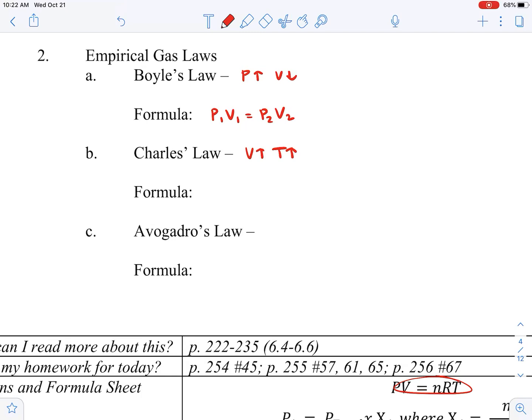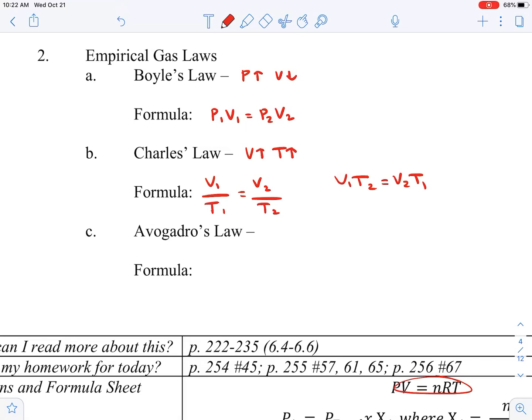Our formula, there are a couple of ways you can look at this. If you're good at manipulating formulas, you could go V1 over T1 equals V2 over T2. If you're not so hot at manipulating formulas, you can rearrange this to V1 T2 equals V2 T1. In this manner, you don't have anything in the denominator, so you don't have to worry about those little issues there.